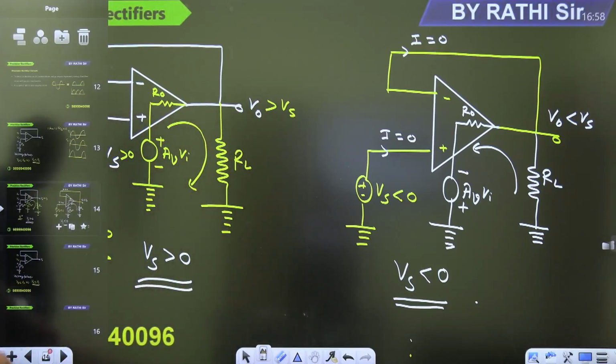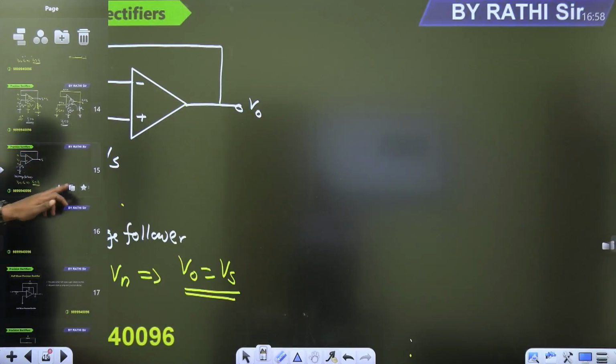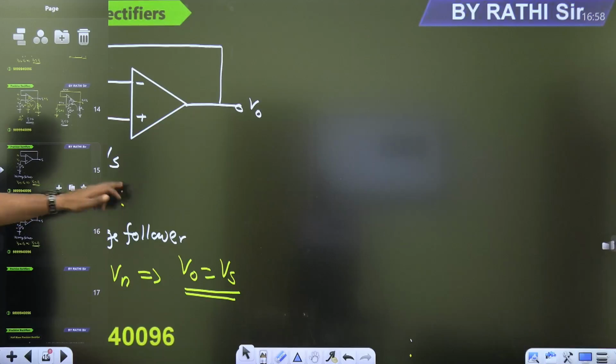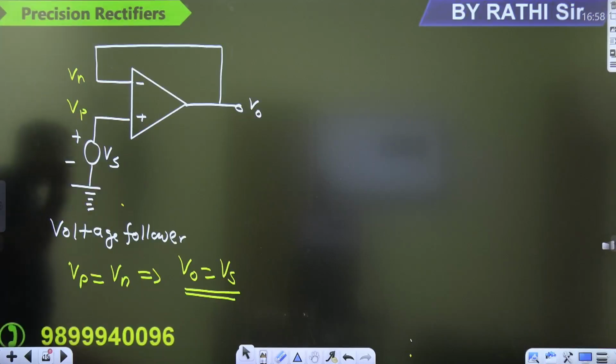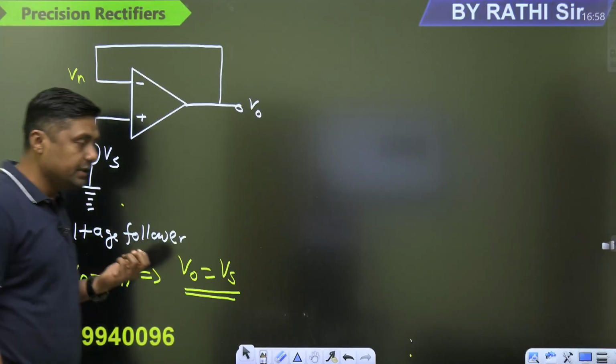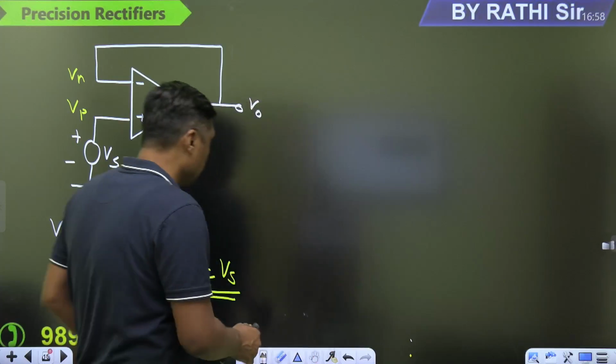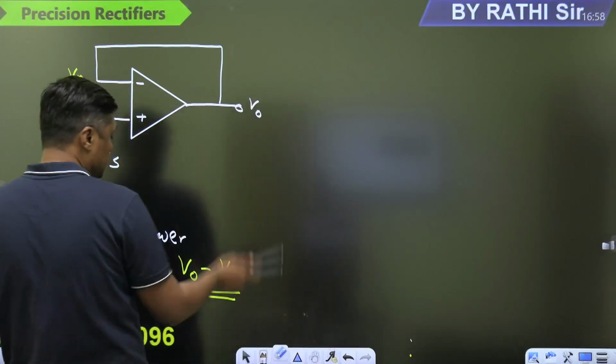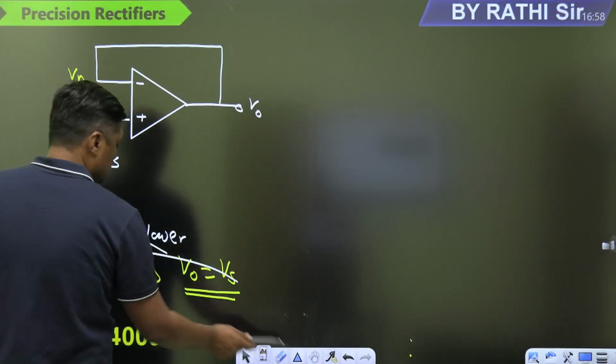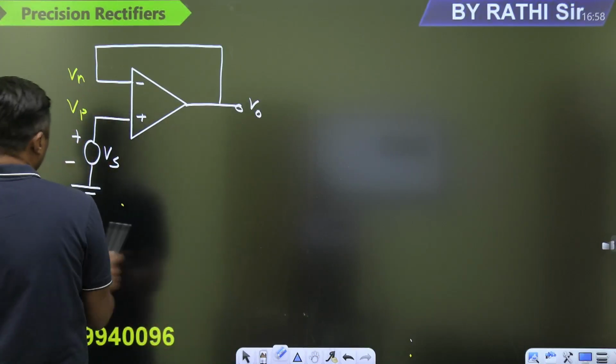Now, if, for example, you want to avoid the current in one direction, then what can we do? Just connect a diode here.